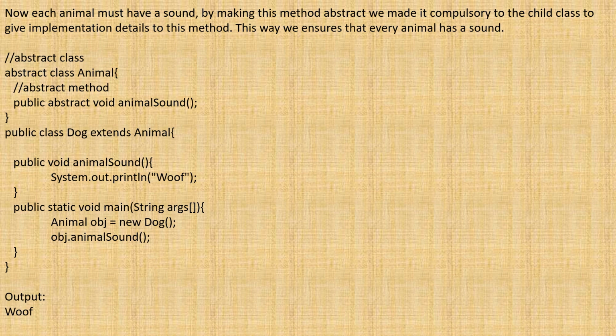Now, each animal must have a sound. By making this method abstract, we made it compulsory for the child class to give implementation details to this method. This way, we ensure that every animal has a sound. Given below is a program for abstraction with its output.